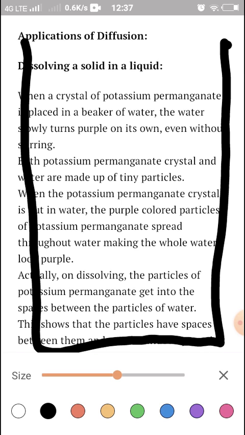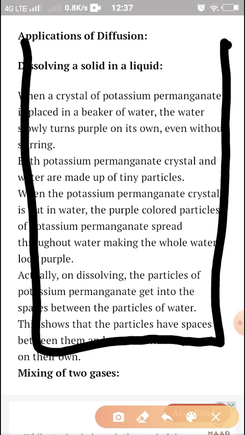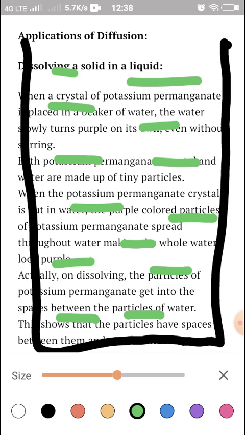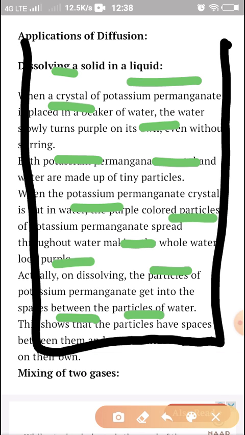In the beaker we have water components, H2O, two hydrogens stuck with an oxygen, right? You know very well. These components are flowing from one direction to another. So when we add some potassium permanganate, it will go like this.